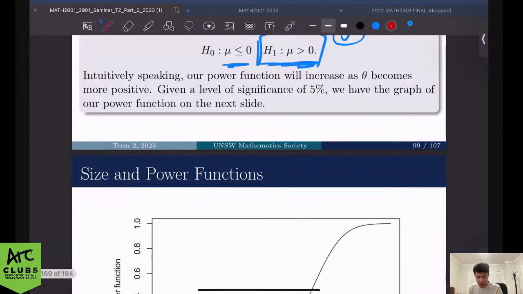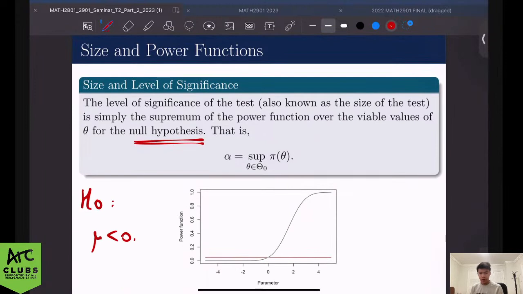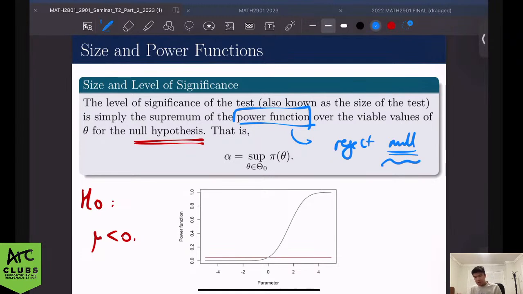So the size of the test is basically saying, what is the worst case scenario? Why is this the worst case scenario? Because the power function is what happens when you reject the null. The worst case scenario is the biggest value of the power function over the null hypothesis, because that means the null is true, but you reject it anyway.